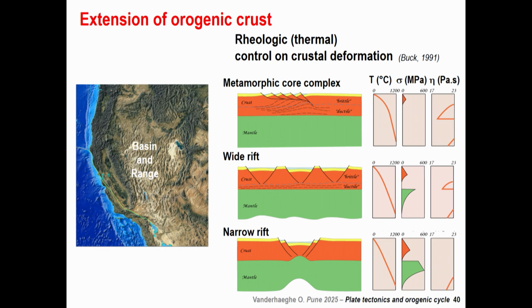So when the crust is hot, it has a thick ductile part and a thin brittle part, and this will lead to only limited faulting, only to the top part, and faulting will be associated here with flow of the ductile part into the space created by the normal faults. So that will result in tilting of the first normal fault, which was here.